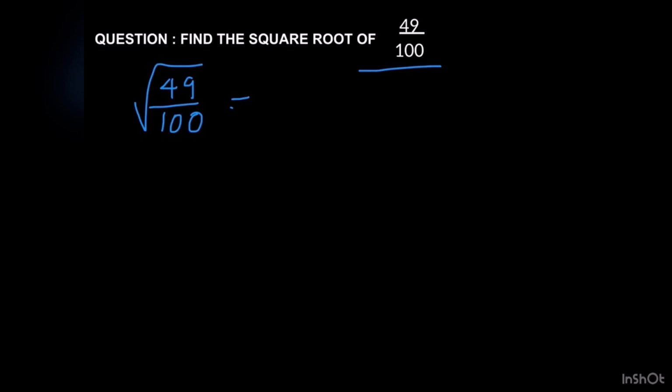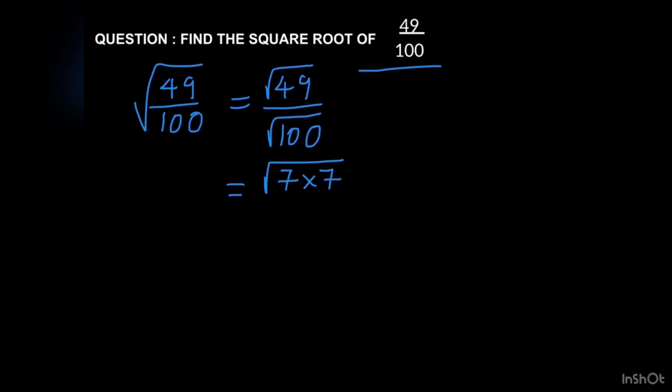This expression is equal to, we take square root of its numerator by square root of its denominator. Now this is equal to, now we can write square root of 49. Now 49 can be written as 7 times 7. Denominator, we have square root of 100.